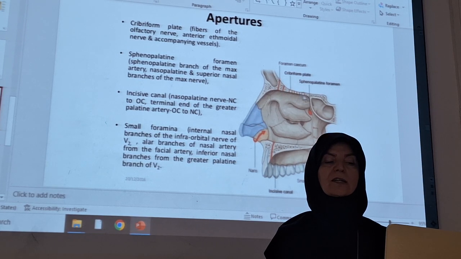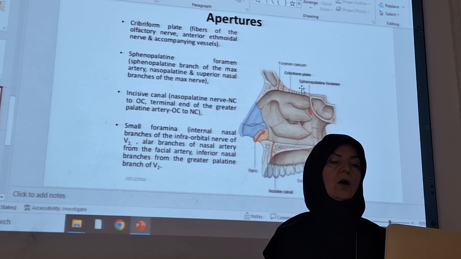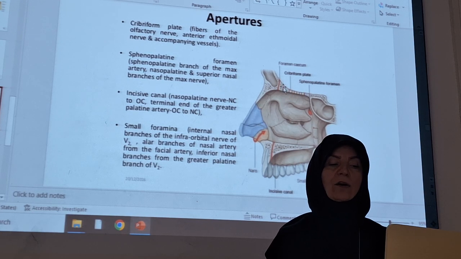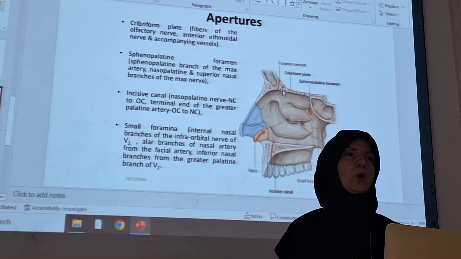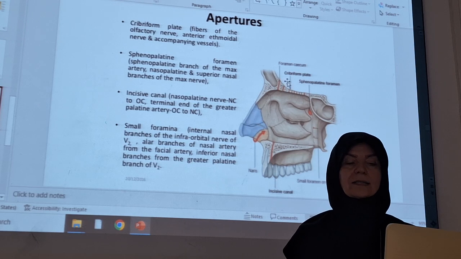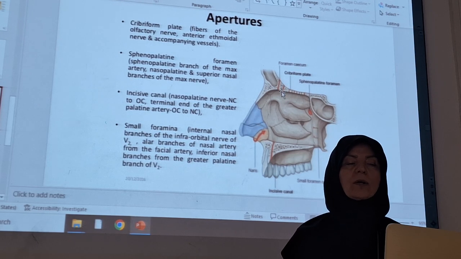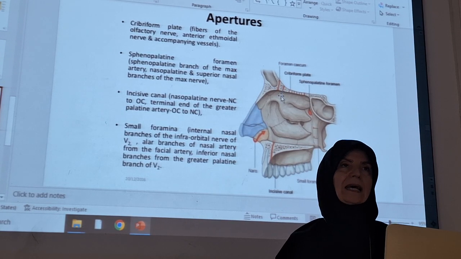In the roof of the nasal cavity, here is the cribriform plate, meaning you can find so many foramina. Through these foramina, the axons of the olfactory epithelium are passing. Also, you can find another foramen for passing of the anterior ethmoidal neurovascular structures. Anterior ethmoidal neurovascular vessels are passing here.